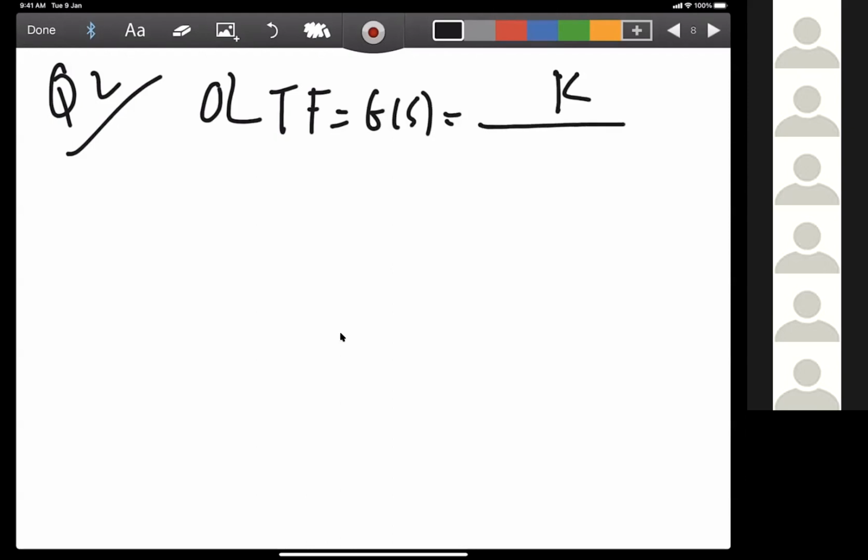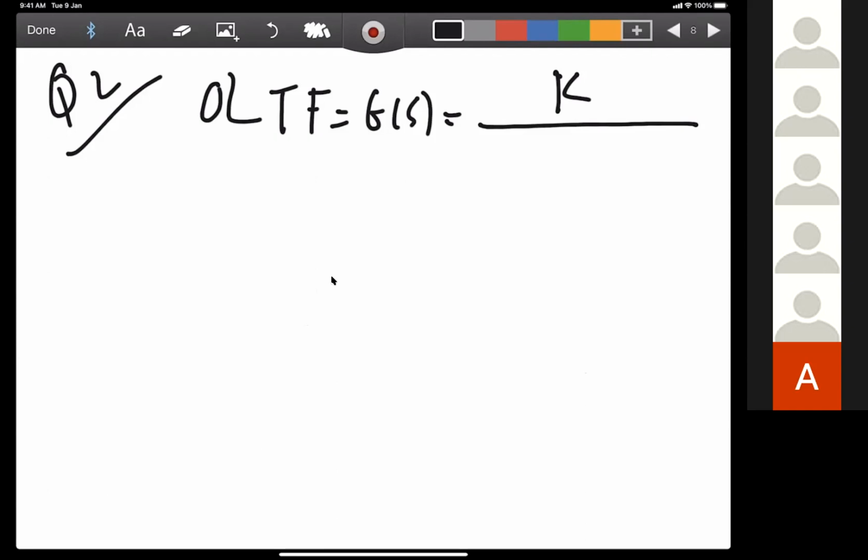So it will be K over... what is the first pole value? -1 point something. Ali Imran, what is the first pole in figure Q2?